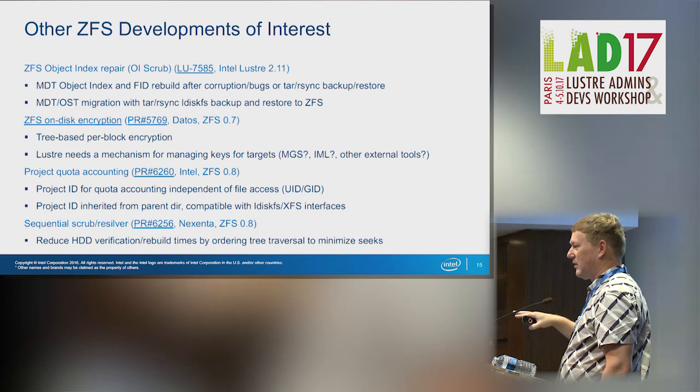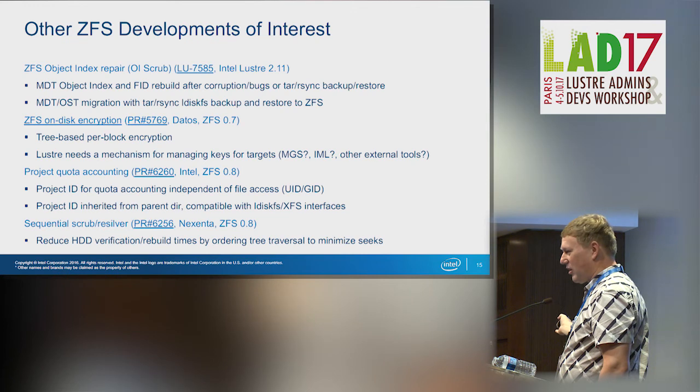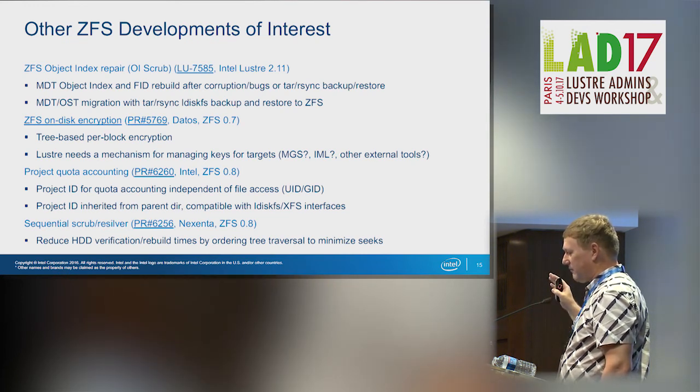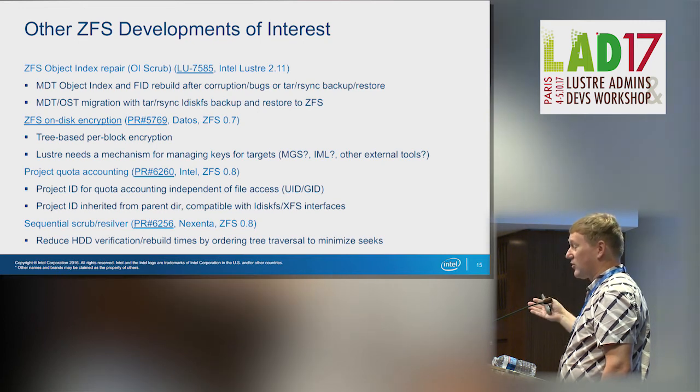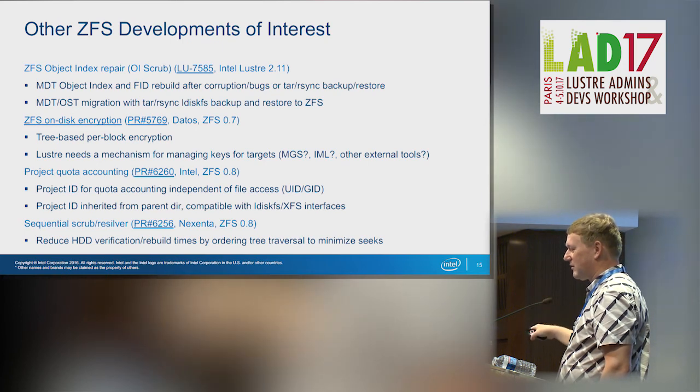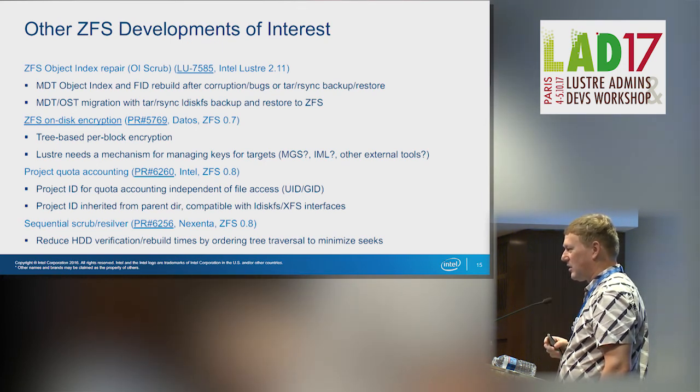ZFS has a low level backup and restore called send and receive, and that maintains all of the metadata exactly, even if you send it to a different layout of disk. But if you do a tar or an rsync, or if you want to migrate from LDiskFS to ZFS, you can do a tar or rsync backup from LDiskFS into a ZFS file system and run OI scrub, and then it will rebuild the object index because all of your inode numbers have changed. And so that's a Lustre level feature.